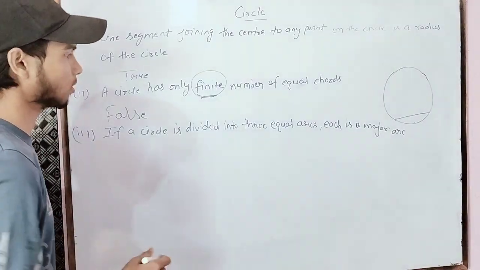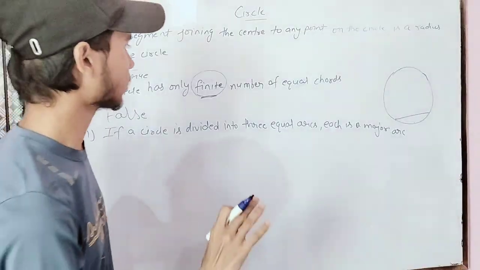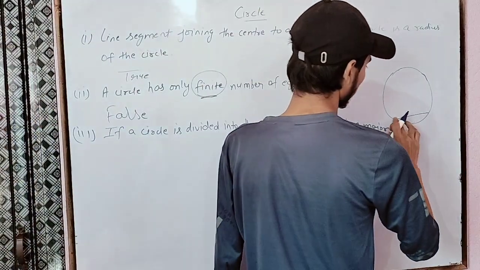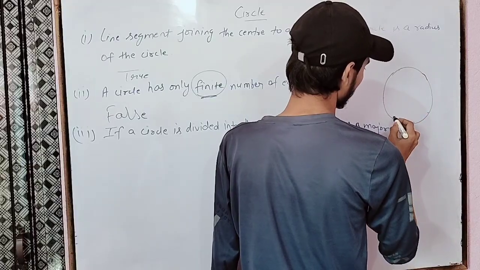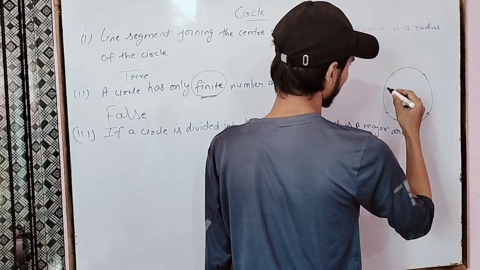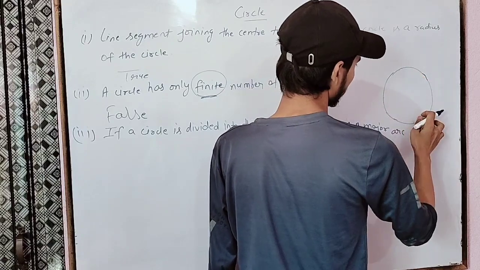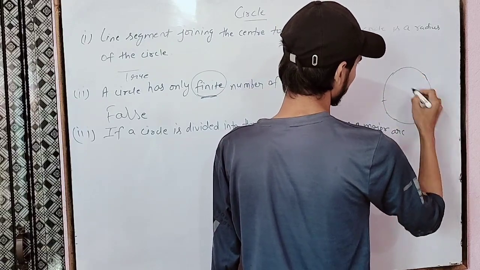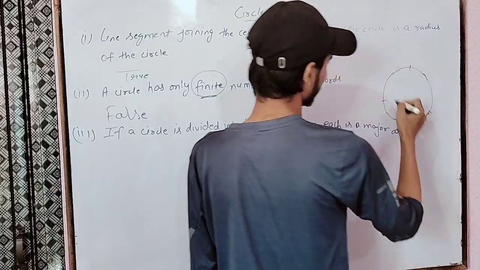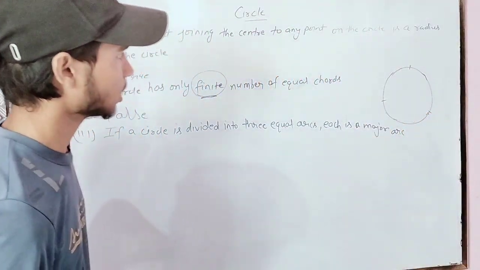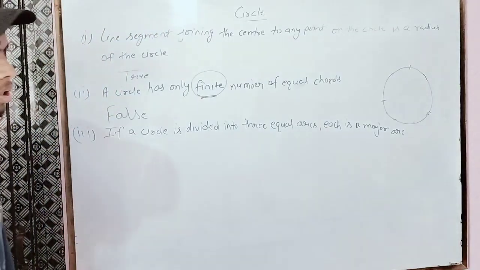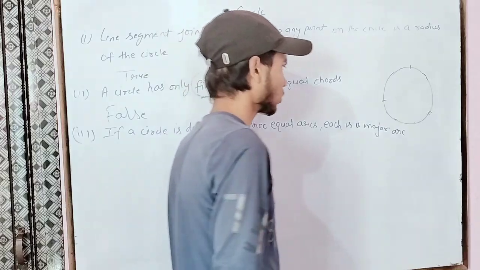If a circle is divided into three equal arcs, let's say one, two, third, each is measured. So each is not a measure arc.